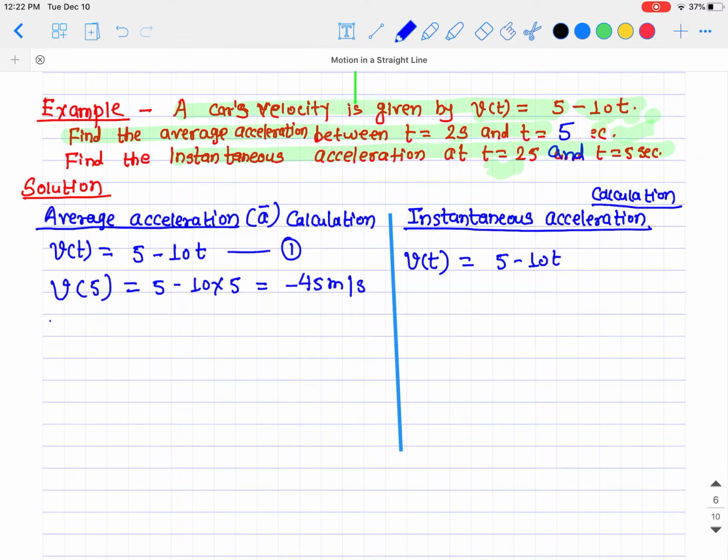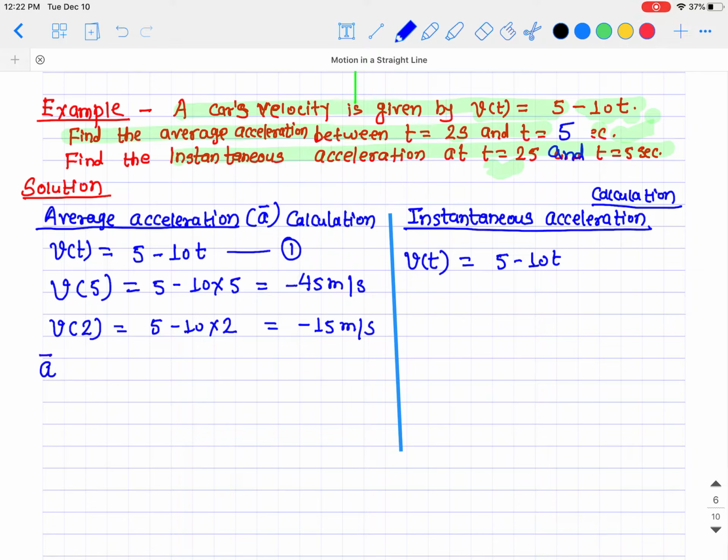That's the velocity at 5 seconds. And then we also calculate the velocity at 2 seconds, which will be 5 minus 10 times 2, and it will be minus 15 meter per second.